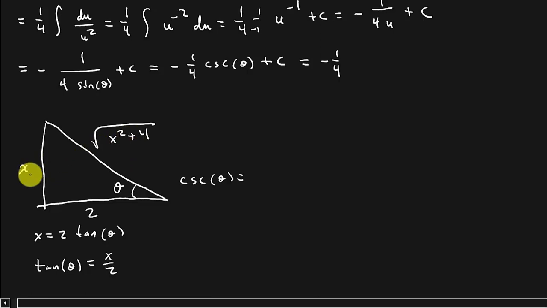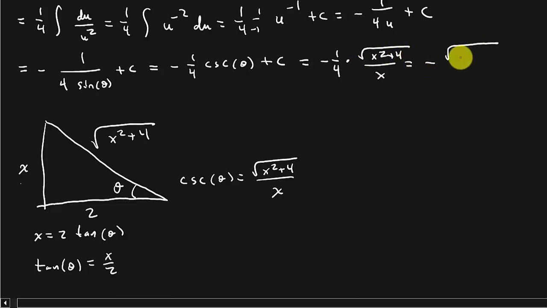So cosecant is hypotenuse over opposite. So that's the square root of x squared plus 4 over x. And so times cosecant theta, that's going to give us negative square root of x squared plus 4 over 4x.